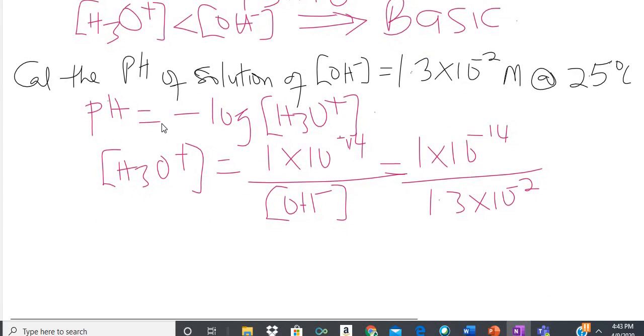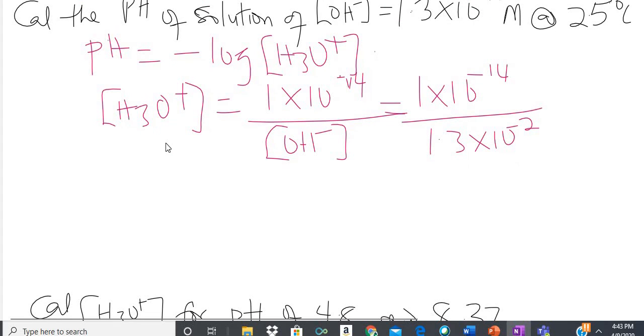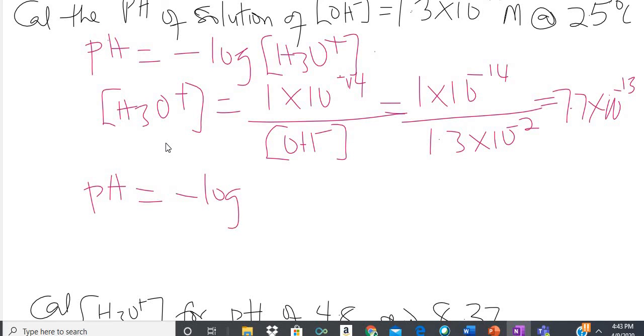And when we plug this into the calculator, it's going to give us 7.7 times 10 to negative 13. So we plug that into our pH, which is going to be negative log of 7.7 times 10 to negative 13.